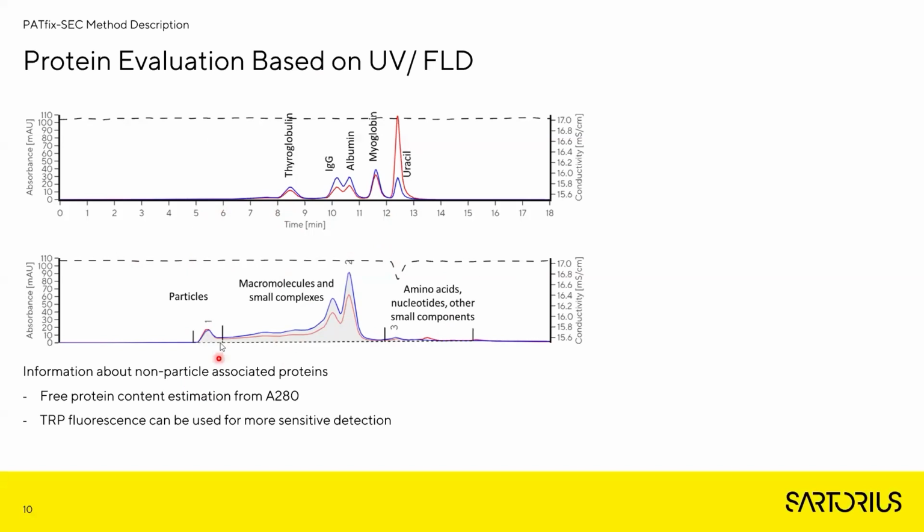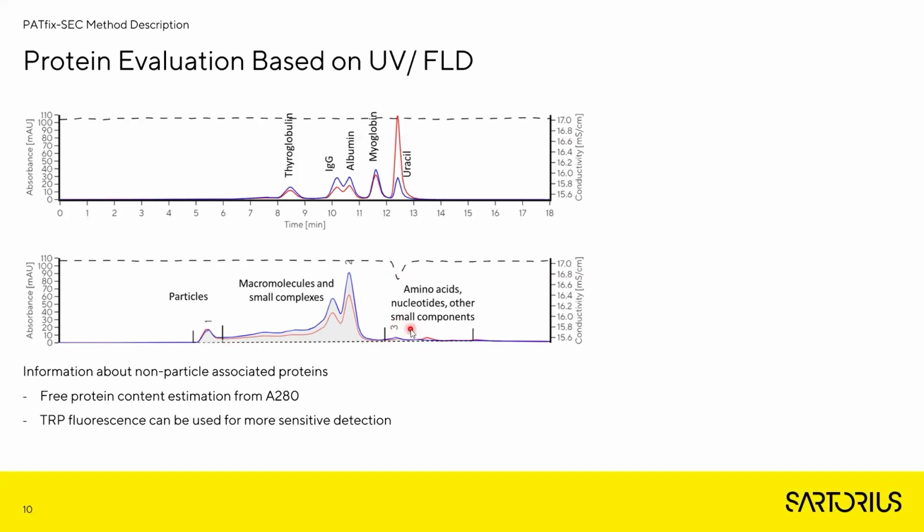At the beginning of the elution, we have the particle population. Then we have macromolecules such as proteins, nucleic acids, and small complexes of them. And the last components eluting are small components such as amino acids, vitamins, nucleotides, and so on.